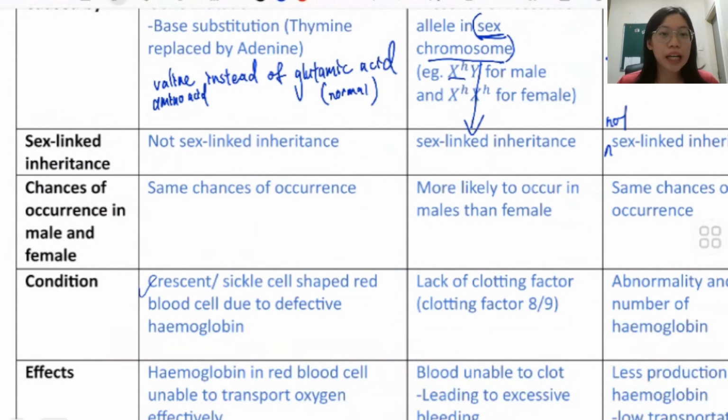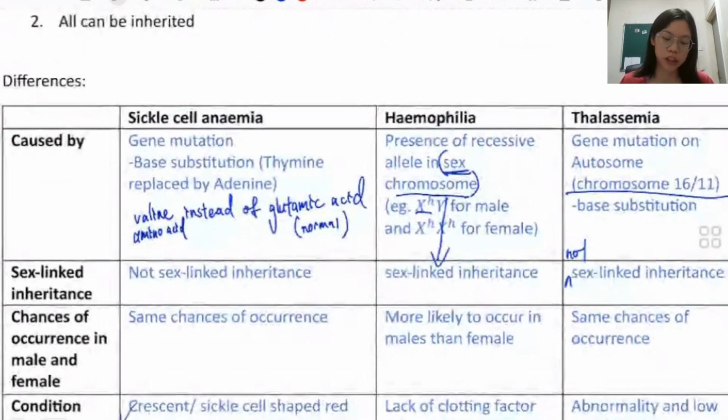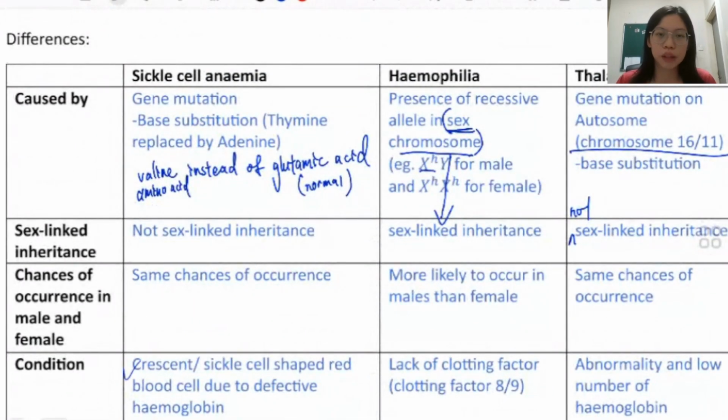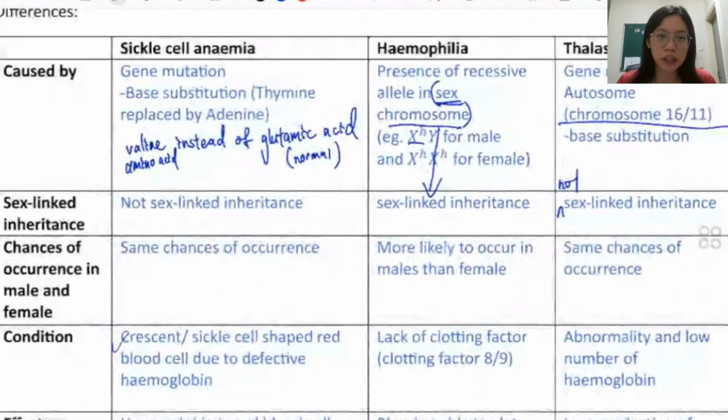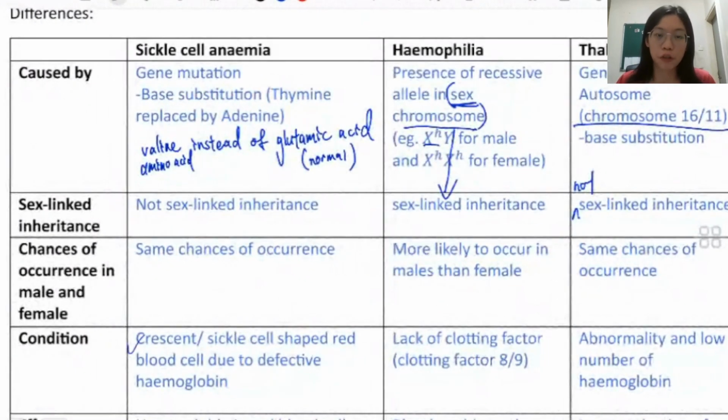All right. So what are the chances of occurrence in male and female? The chances of occurrence in sickle cell anemia is the same. Thalassemia is the same. Why do I mention this chances of occurrence? Because hemophilia, since it is a sex-linked inheritance, the male tend to have higher possibility to have hemophilia.